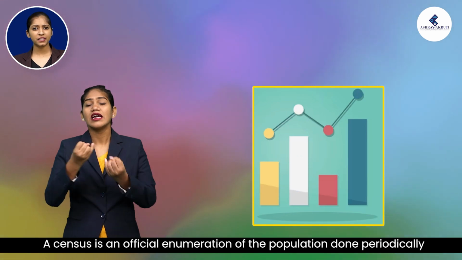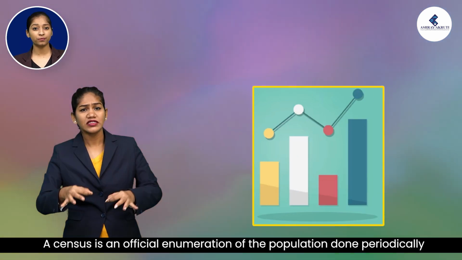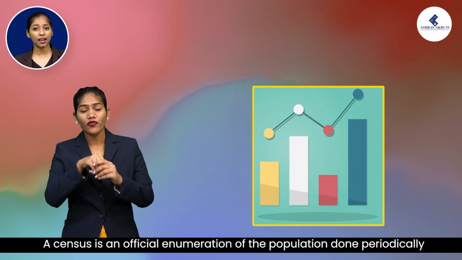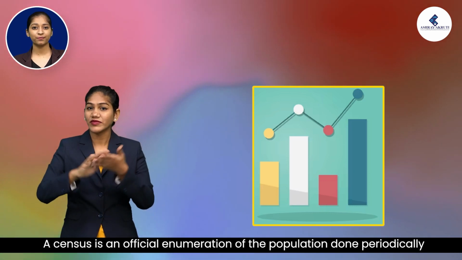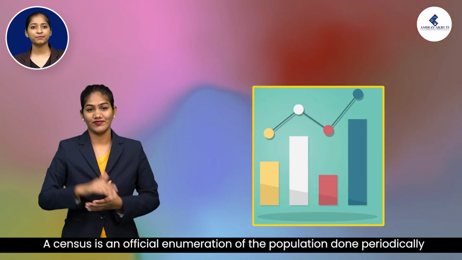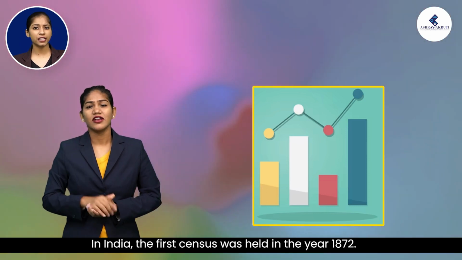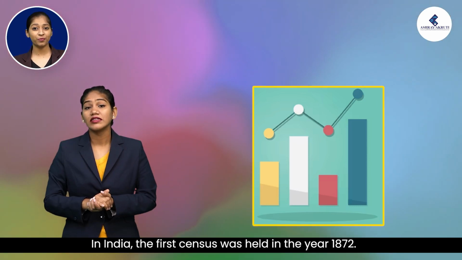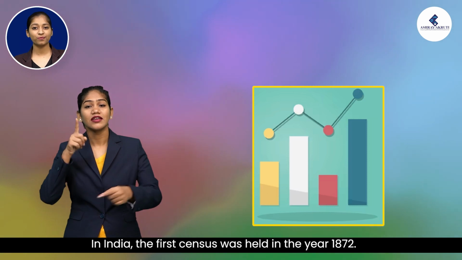A census is an official enumeration of the population done periodically. In India, the first census was held in the year 1872.